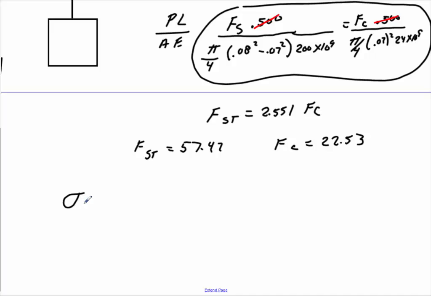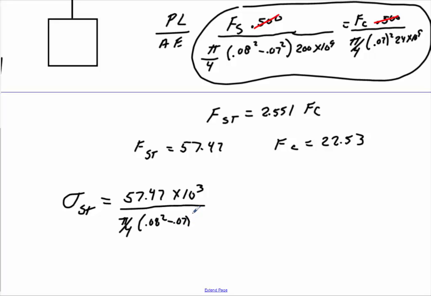So the stress in the steel, this is going to be in kilonewtons too, you divide by the area, which here would be pi divided by 4 times 0.08 squared minus 0.07 squared, and that's going to give you 48.8 megapascals. This would be a great test problem.